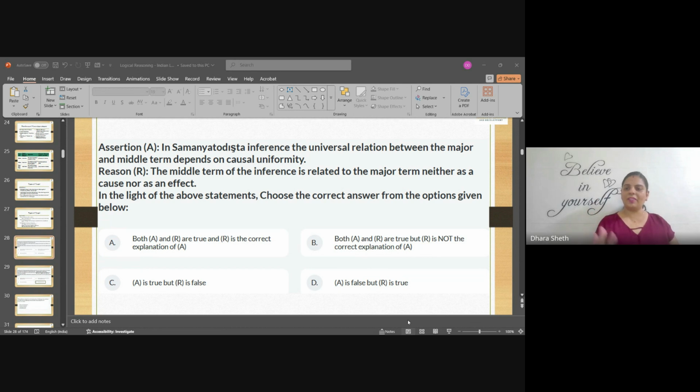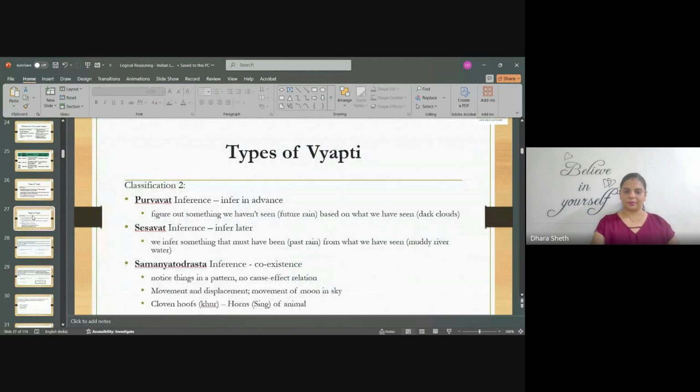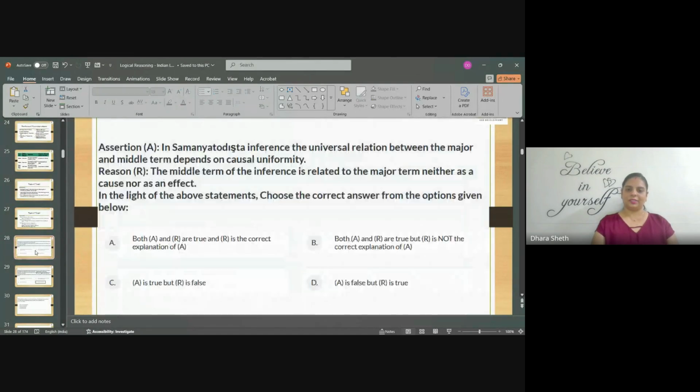Otherwise, it would not be having horns. Is there such a cause and effect? No. Inference. Notice things in a pattern. No cause effect relation. Okay. That is why here your answer is A is false.